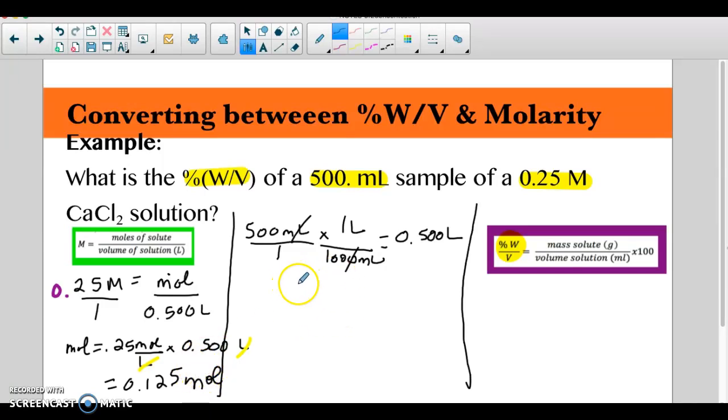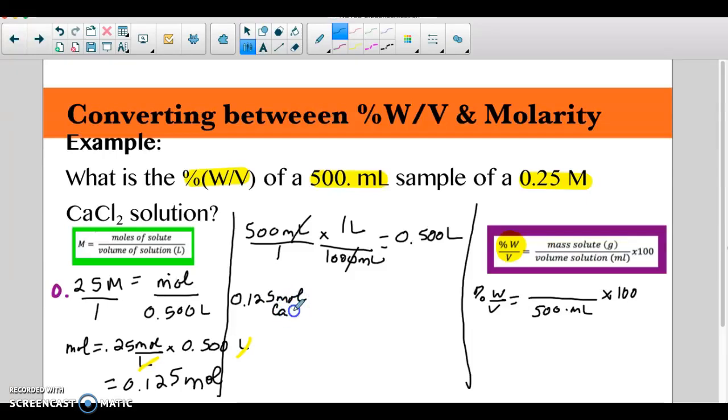Now that I have moles, I'm getting closer here. I want to have mass, and I have the volume in liters, so I could even start this if I wanted, and then you can see what you need. I do have my volume in milliliters, and the only thing missing now is the mass. So that's where I'm going to take my mole map out, and I'm going to take 0.125 moles.